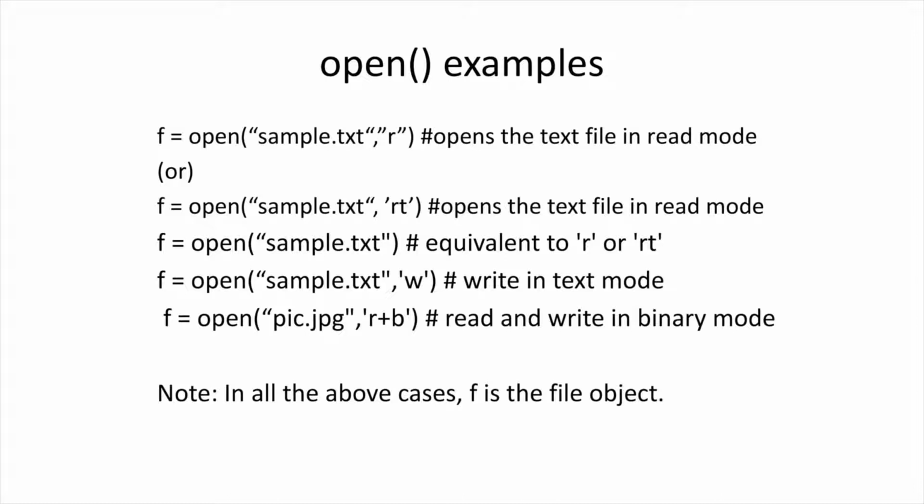To open a file in write mode, just give W. In the last example, we have opened a file called pic.jpg in R plus B mode, which means the file is opened in read, write mode and this is a binary file. So, in all these cases, F is the file object or file handle.